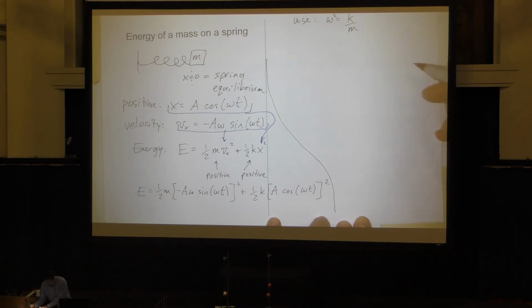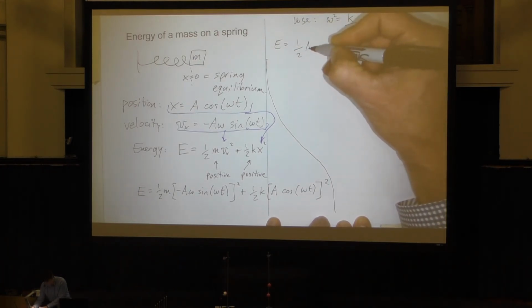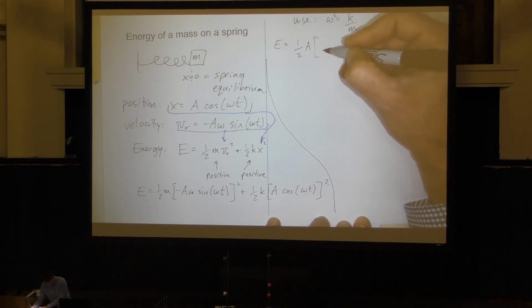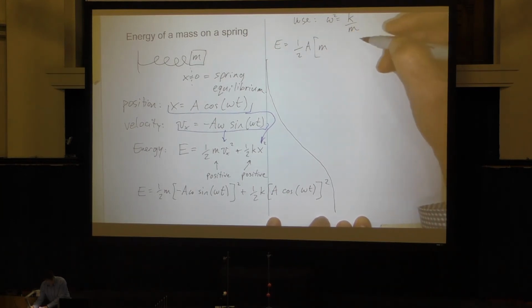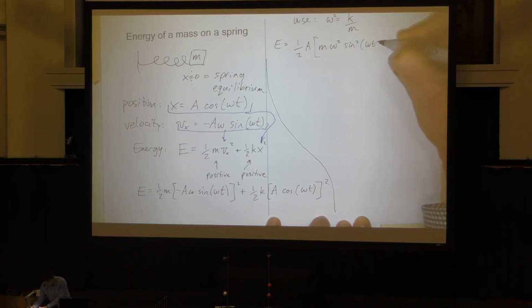And we can say then that E is equal to, we're going to pull out a 1/2 factor, and I'm going to pull out an a because there's a in both of them. And we're going to say that it's mass times omega squared times sine squared of omega t, and then plus k times cosine squared of omega t.